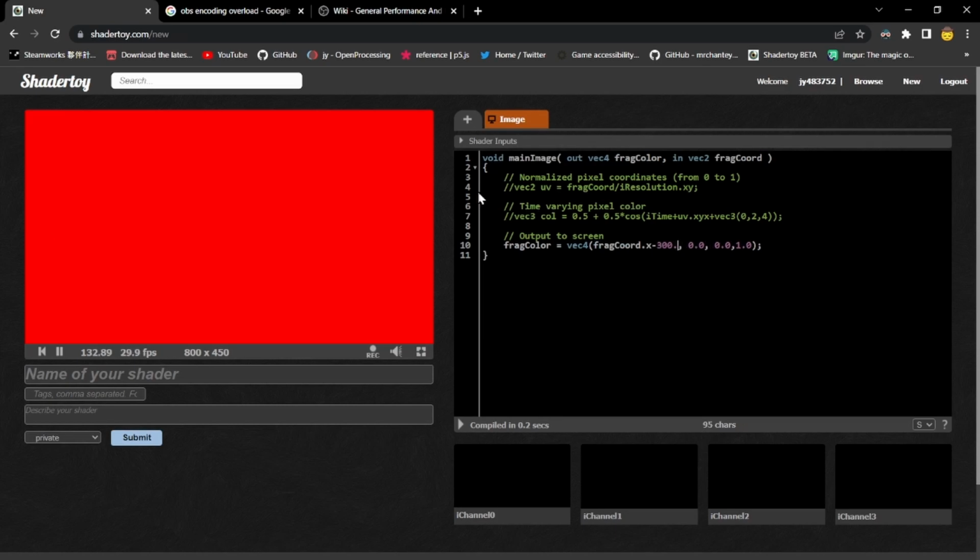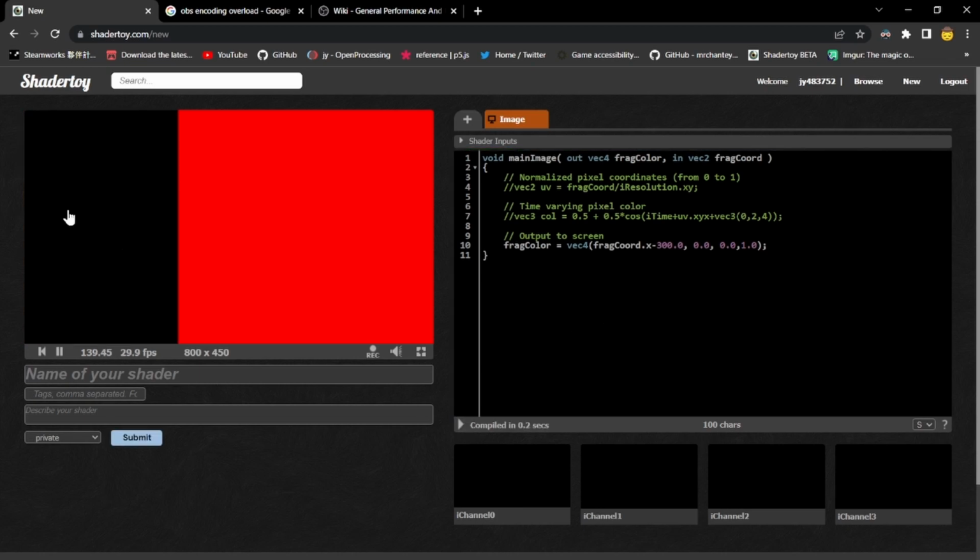Let's try something like this. What is the pixel on this black part thinking? Well, the coordinate is 100, 100, right? So the frag coord x is 100 minus 300, which gives us negative 200.